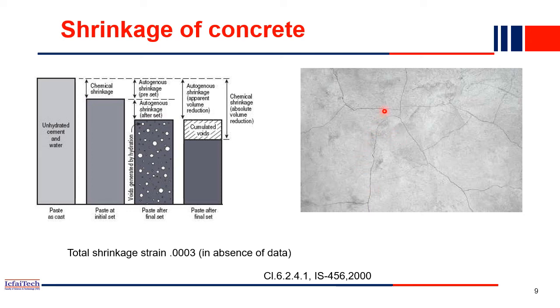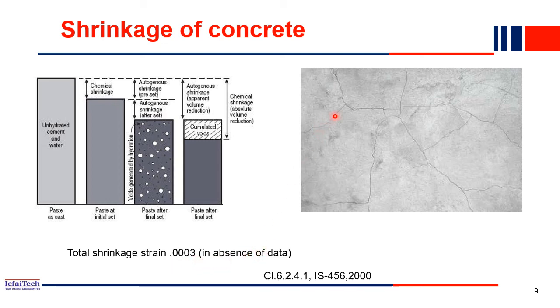So this is called shrinkage, and that property also we have to understand. If a concrete gives more cracks, then we should control the crack width. Crack width should not be more than certain limiting values. So as per our Indian Standard Code IS 456 2000, if we don't have any shrinkage data, then we can consider the total shrinkage strain as 0.0003 in absence of any data.